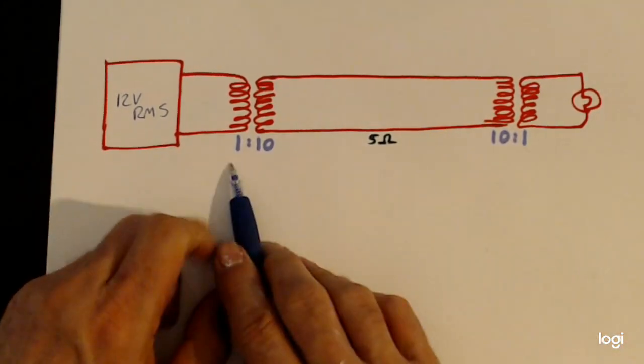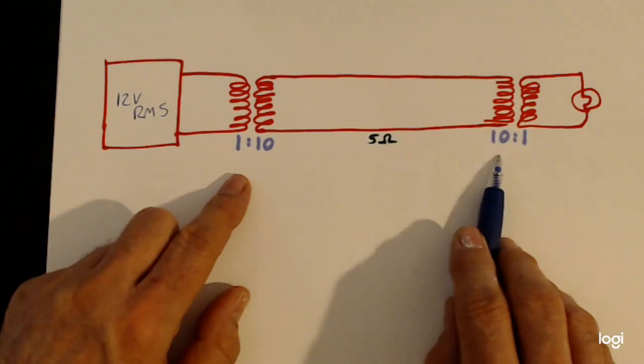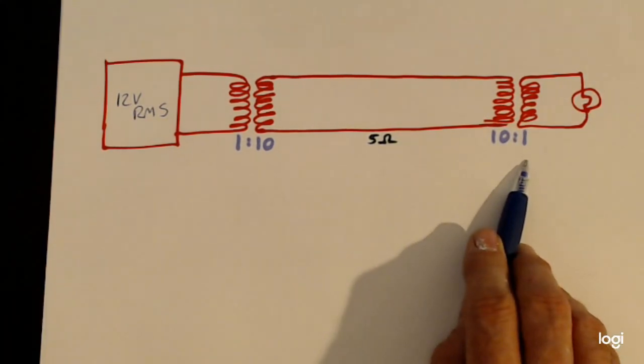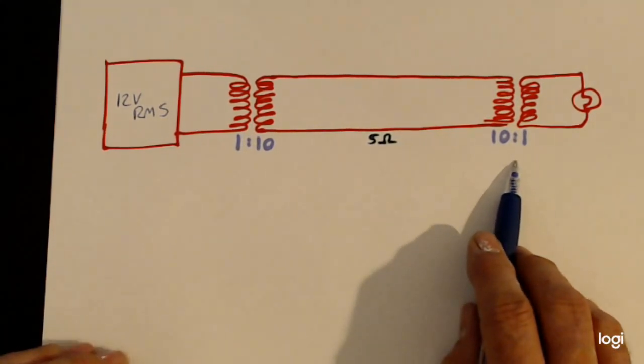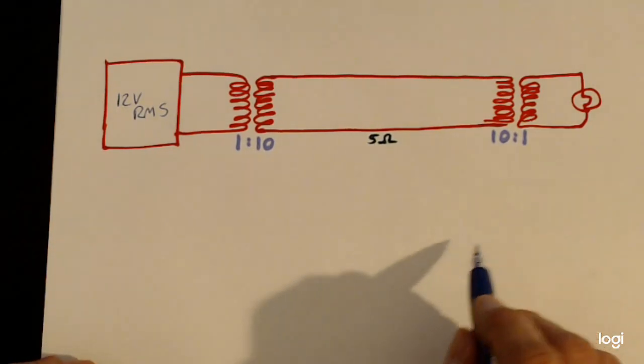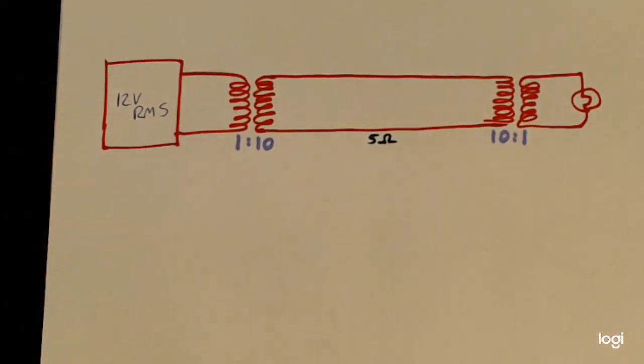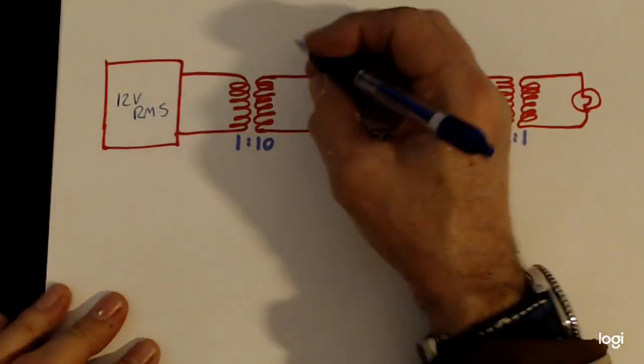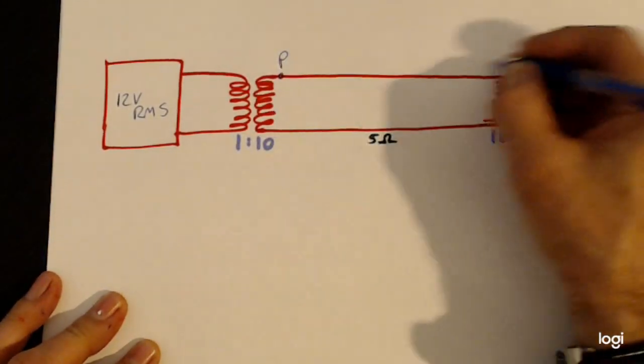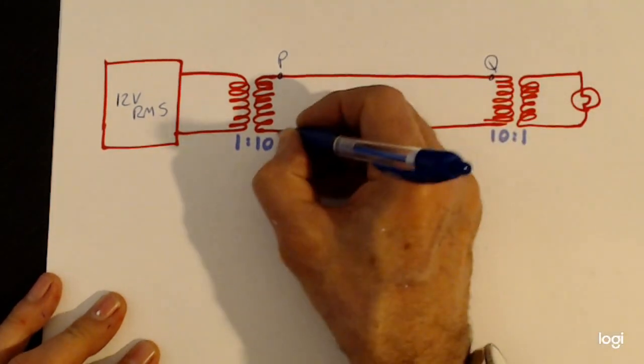One of them is a step up, 1 to 10, and one of them's a step down, 10 to 1. The transformer terminals are labeled P, Q, R, and S, and I just haven't put that there. P and Q over there, R and S down here.